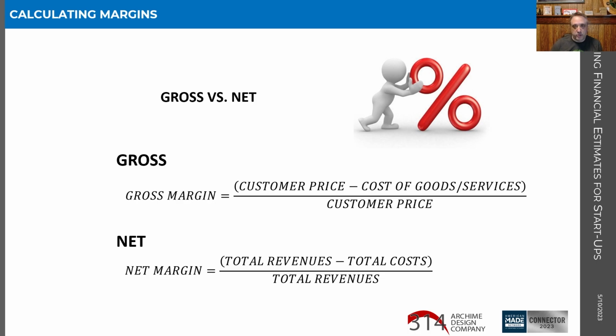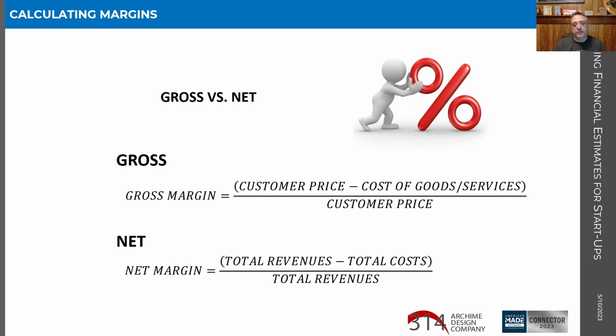So that could be your finished goods cost divided by your customer price. That is your gross margin. And that could be over all of your gross sales, your gross revenues, and your gross cost of goods over your gross sales again, or it could be just on an individual item.